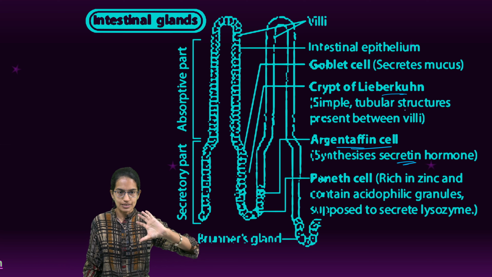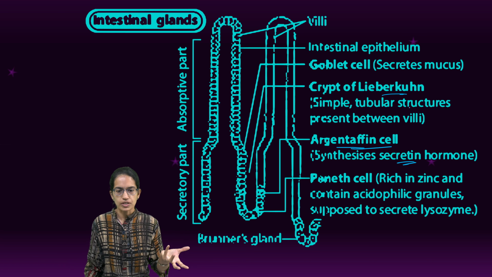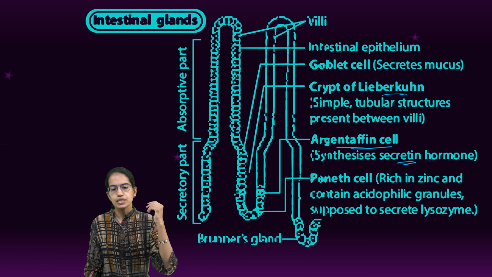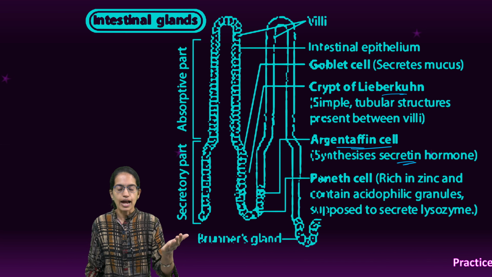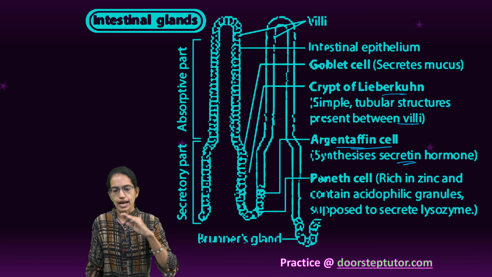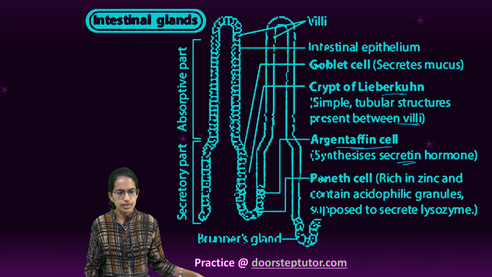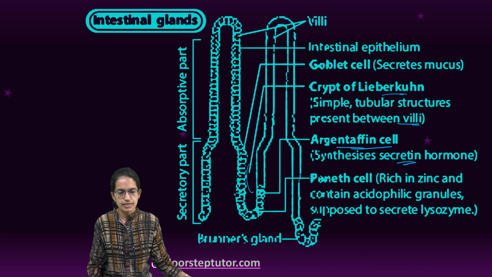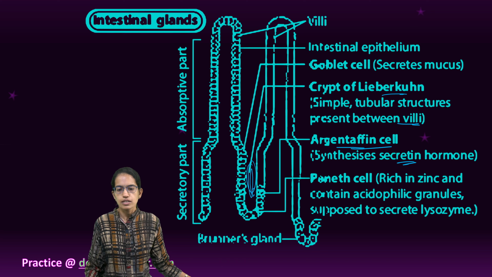The stomach connects to the duodenum through the pyloric sphincter, and in the duodenum is the Brunner's gland which empties into crypt of Lieberkühn, which are small structures present in between the villi. So between the villi, this is the region where you have crypt of Lieberkühn.